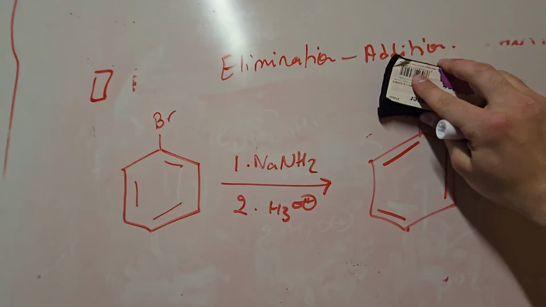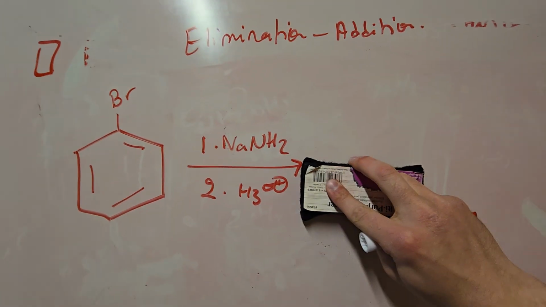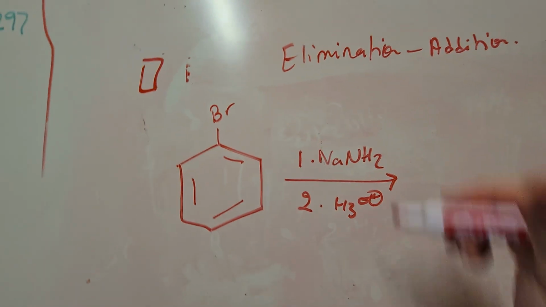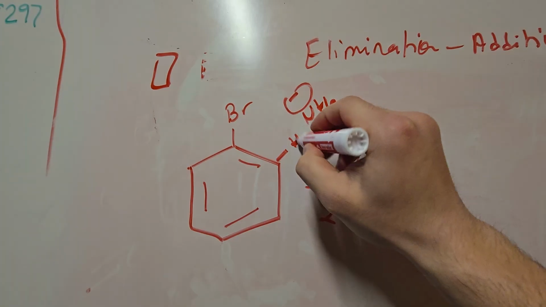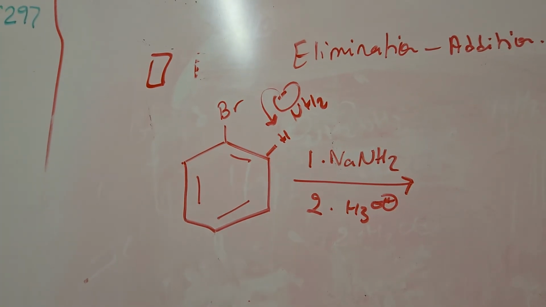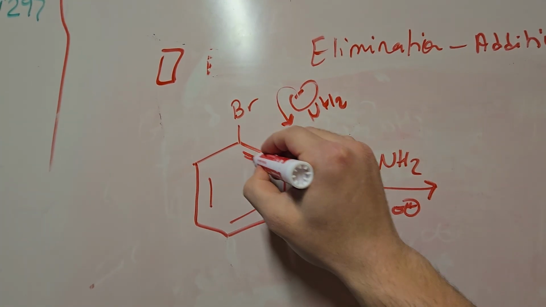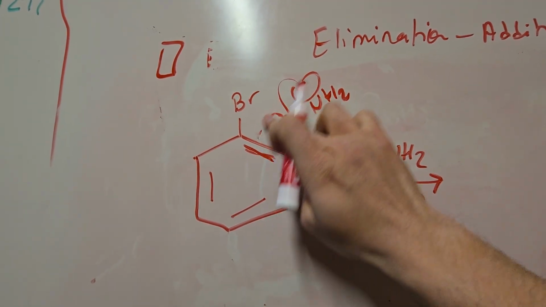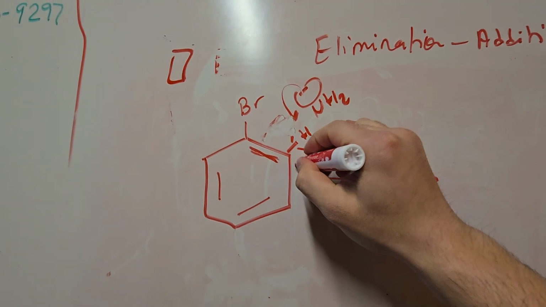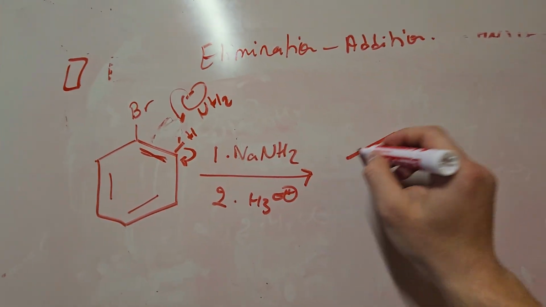In addition to NaNH2 being a very strong nucleophile, it's also a very strong base. So, NH2- tends to deprotonate a vinylic proton, and it adds it to the carbon just like so, and we can form this intermediate.